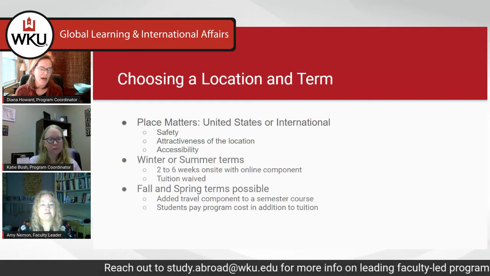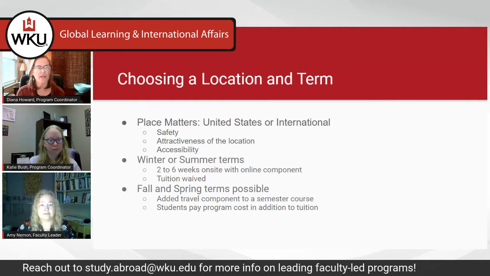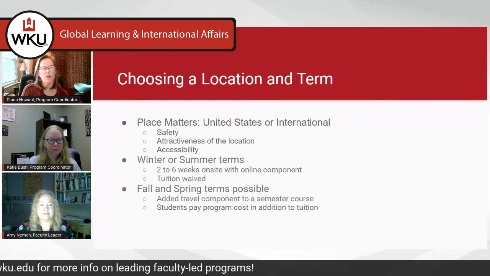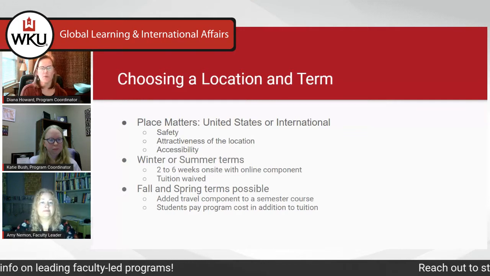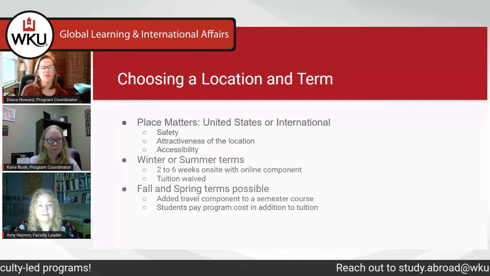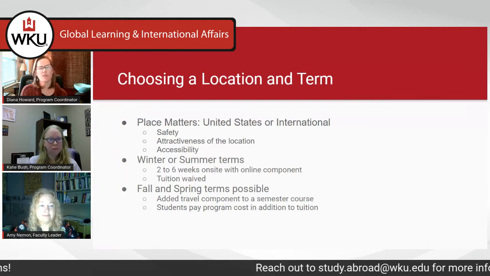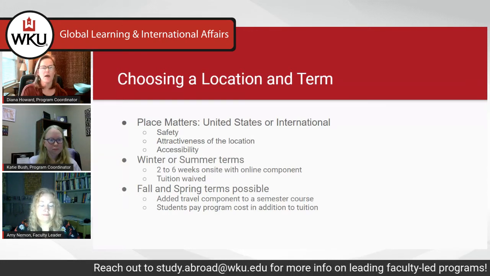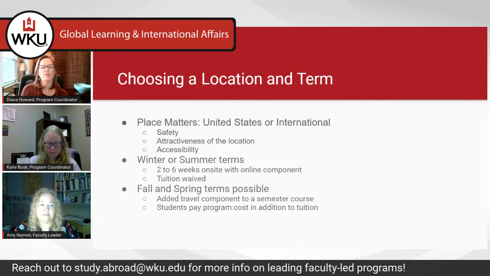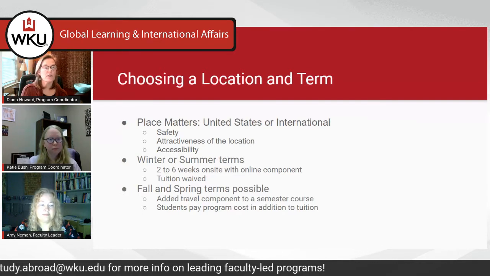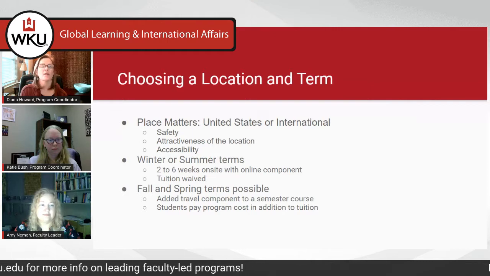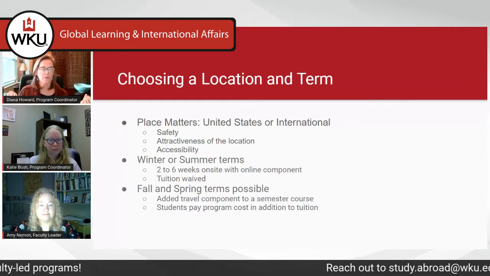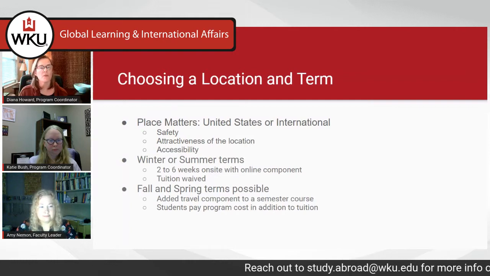So the other aspect of that is term. So the majority of our faculty-led programs run during the winter or summer terms. During these terms, tuition is waived, so students are only paying for the logistical cost of the program. Most FLPs will have an online component either before the program departs or when it comes back, or sometimes maybe both.